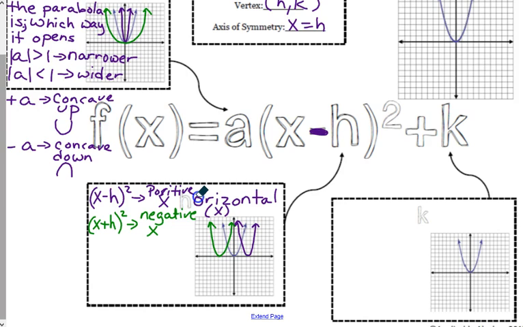And so the last one is k, over here. k is going to be our vertical, and that's going to change our y value. Now with k, it's just going to be, as you see it, a positive k equals a positive y, and a negative k is a negative y.